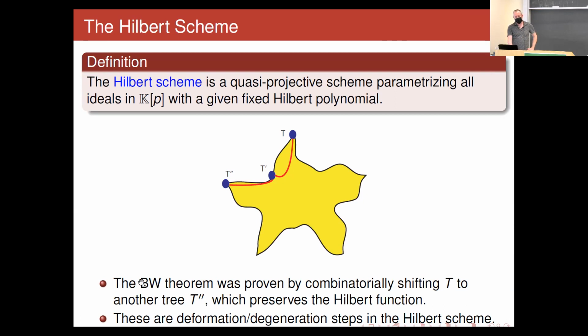And the way that Buczynska and Wisniewski proved this theorem was by doing these kind of flops or something. I shouldn't have said that because I know that means something in algebraic geometry, but they do a local change to the tree that changes it from one tree into another, and then they get a whole family of things that don't correspond to trees that all have the same Hilbert polynomial.